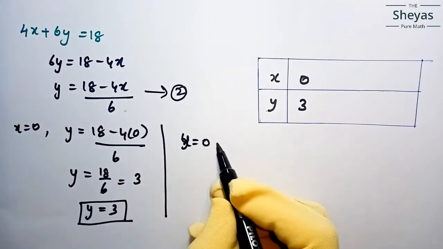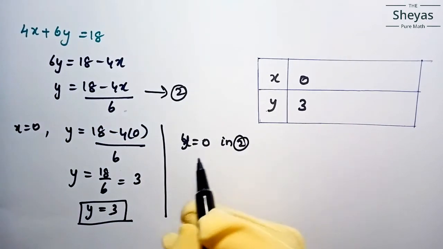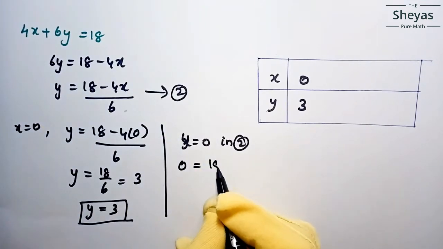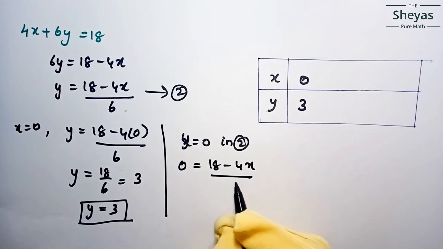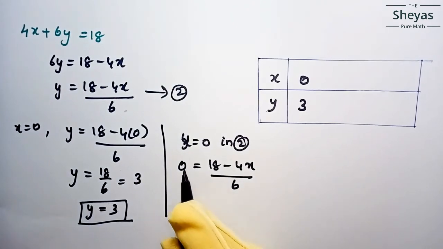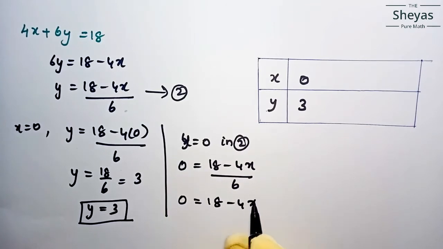If you put y is equal to 0, what will you get? 0 is equal to 18 minus 4x by 6. So 0 into 6, if you take the 6 to the other side, will be 0. Then 18 minus 4x.